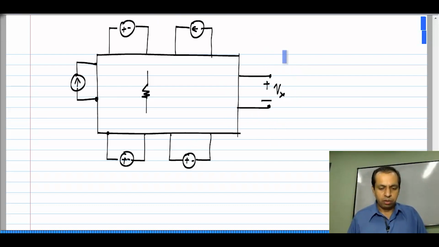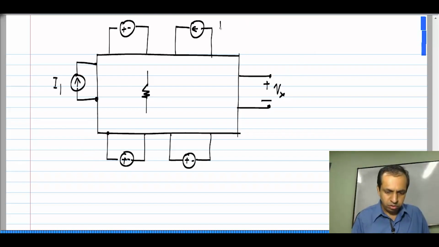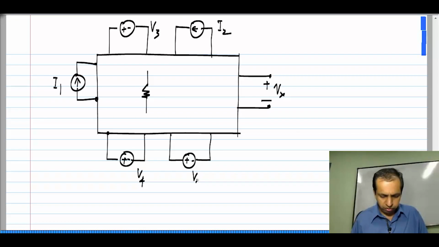Okay. Now, you are required to find out the contribution of all of these things to the output. Okay. So, let me call this I2, V3, V4, V5. Okay. So, now we have to find out this Vx from all of these sources.